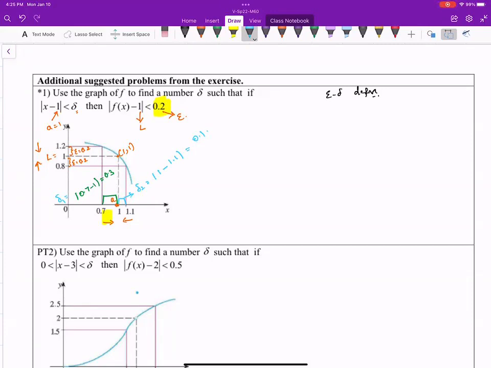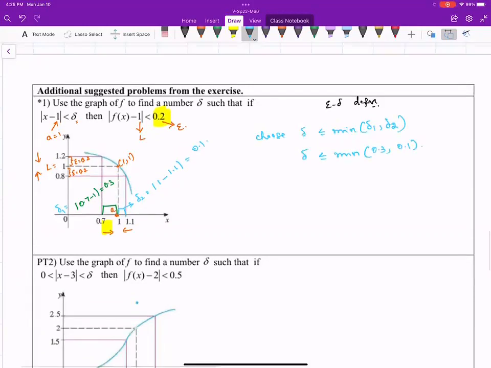In order to make it uniform, you choose delta which is smaller than the minimum of delta 1 and delta 2, where delta 1 is 0.3 and delta 2 is 0.1.